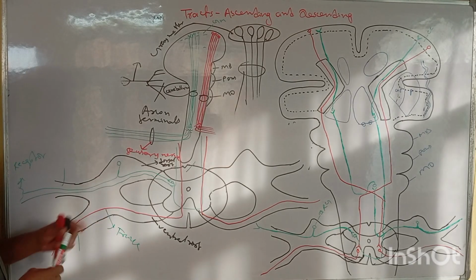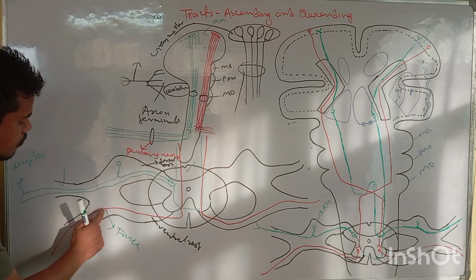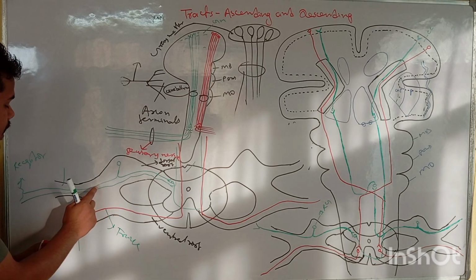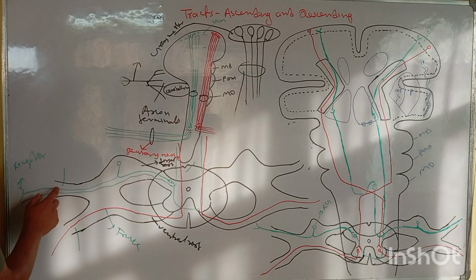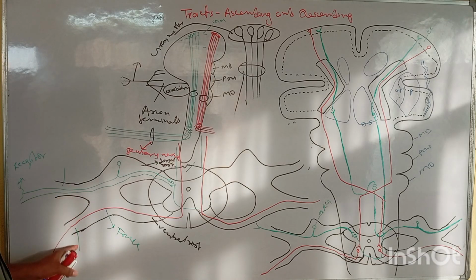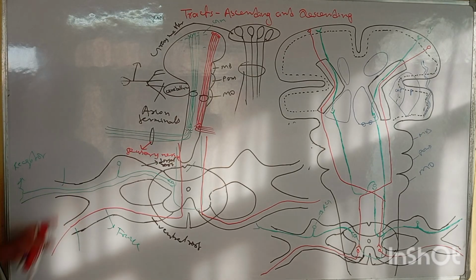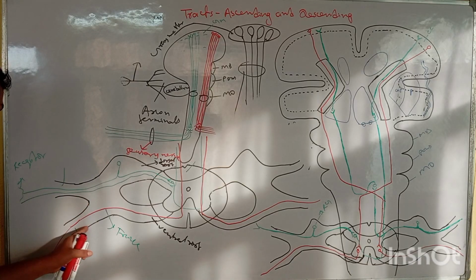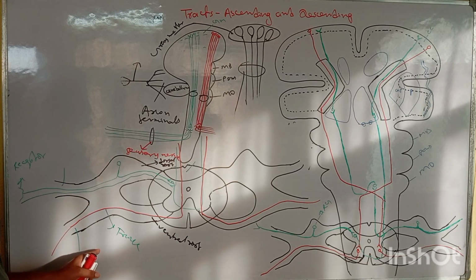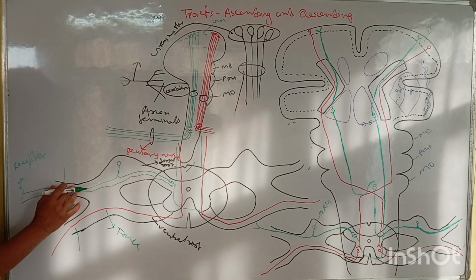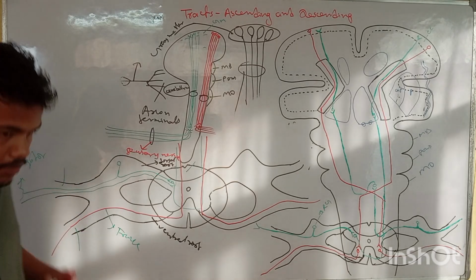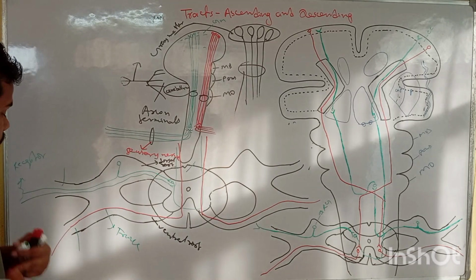Now a question will arise, like this trunk is mixed. Here in the trunk both motor and sensory fibers are running, but in the rami, are they also pure? Does the dorsal ramus only carry sensory fibers and the ventral ramus only motor fibers? No, because sensory information from the dorsal part will be received through the dorsal ramus, but sensory information should also be carried from the anterior part.